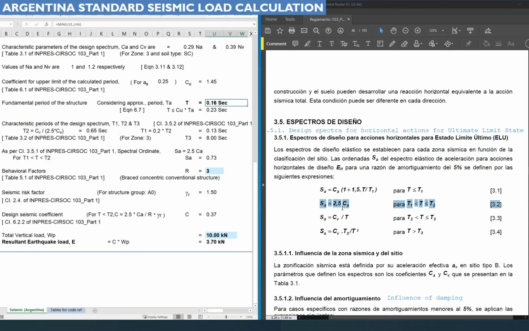So our case falls under the second equation. Our spectral ordinate SA equals 2.5 into Ca.